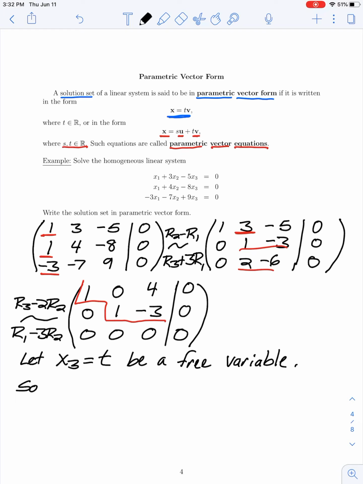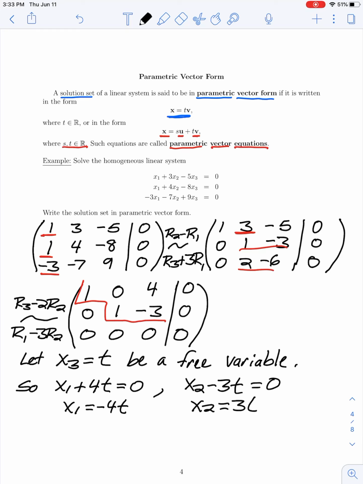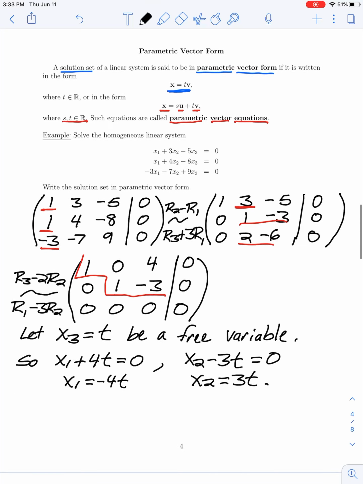And our first row tells us that 1x1 plus 4 times x3, which was t, equals 0. So x1 is negative 4t. And using the second row of our augmented matrix, we have 1x2 minus 3 times x3, or 3 times t, is equal to 0. So x2 is equal to 3t. All right.